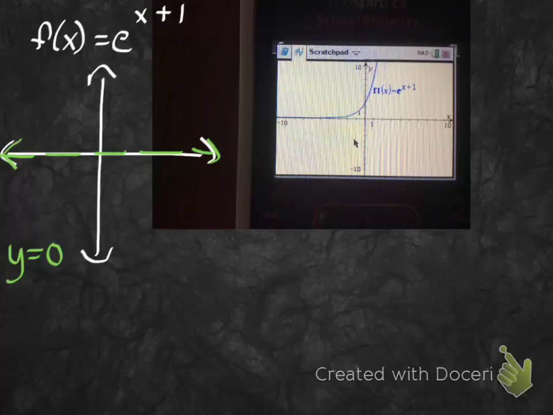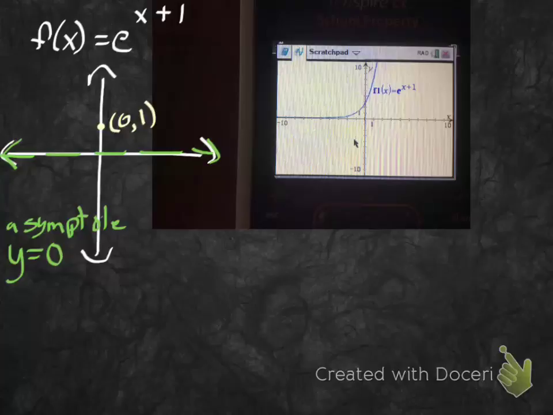And on some of the problems today, you'll have to graph your asymptote. The graph will go through 0, 1, unless there's a number in front of your e, just like yesterday.